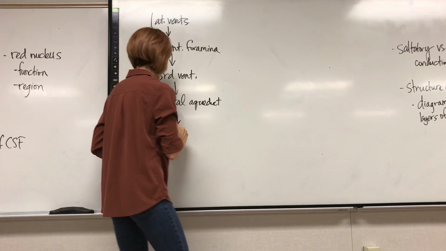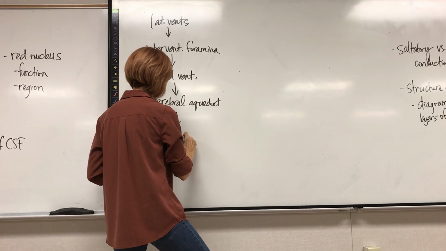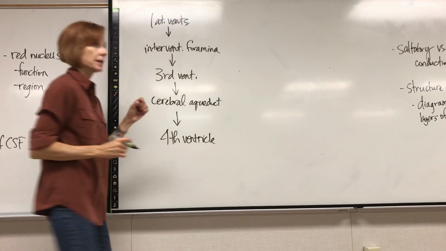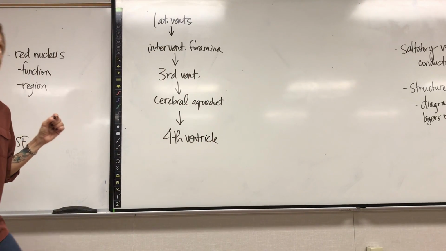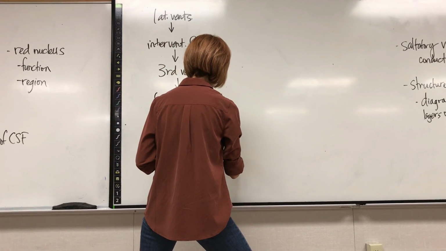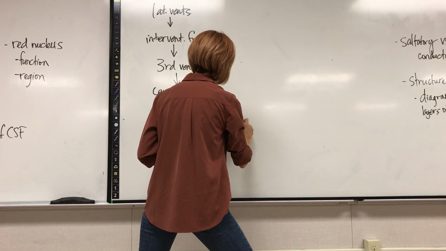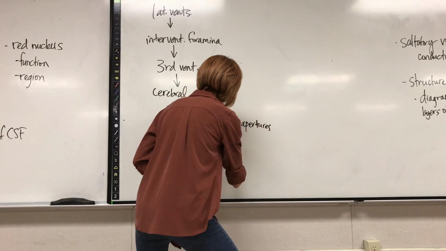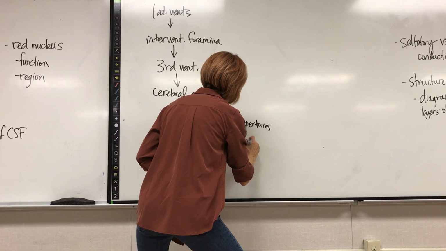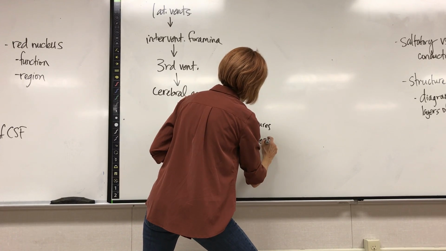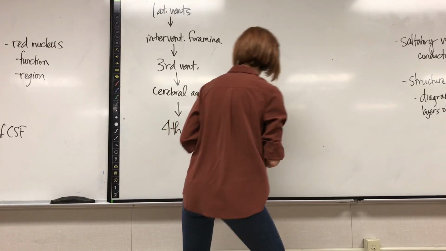Fourth ventricle. Okay, so you guys know that the fourth ventricle has those openings that are called apertures. Right. So it has the two lateral apertures and one median aperture, and this will allow CSF to go from the fourth ventricle.